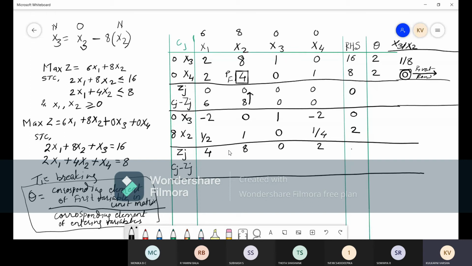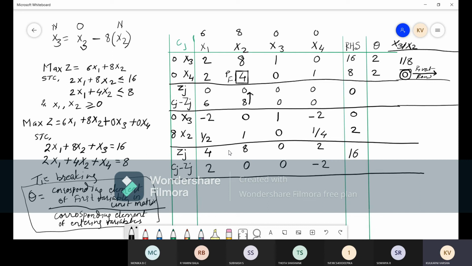And this will be 16. Right? So if you calculate now, Cj minus zj. Cj is nothing but these values. So 6 minus 4, 2. 8 minus 8, 0. 0 minus 0, 0. 0 minus 2, minus 2. So we got Cj minus Zj.